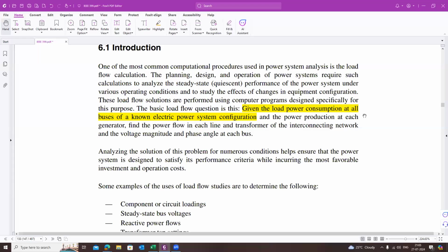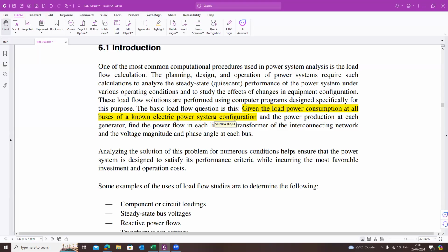So for the given load power consumption at all buses, the load flow will not help you find out the power consumption at the buses. That is an input to the load flow. Many people misunderstand this. Load flow will never tell what the load is. It will never tell what the generation is. These two are the inputs to the load flow, which we have to give it.